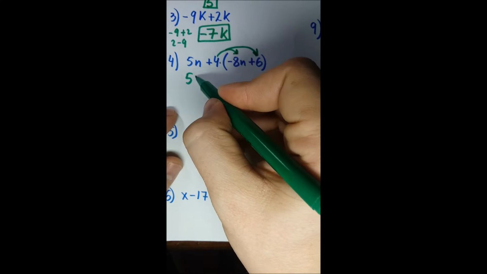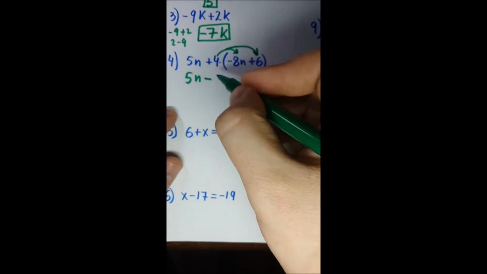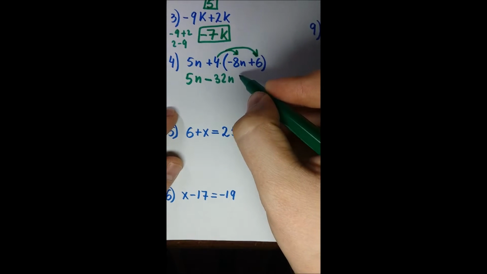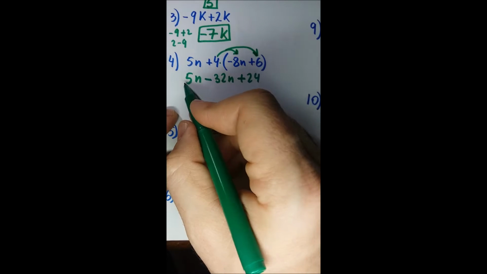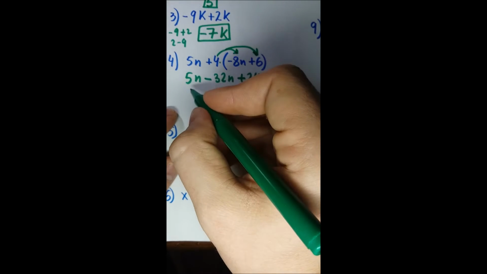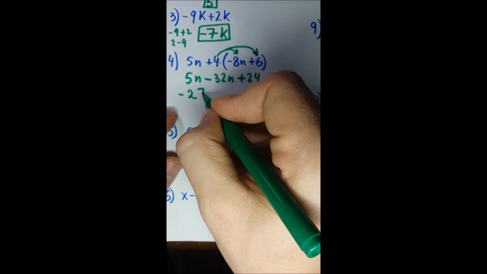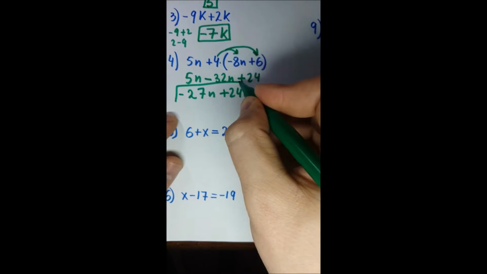So it's going to be 5n, 4 times negative 8n is minus 32n, 4 times 6 is plus 24. 5 minus 32, again, 32 minus 5 is negative 27n, and plus 24.